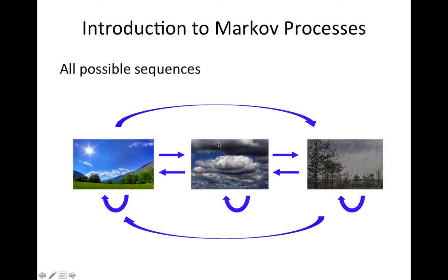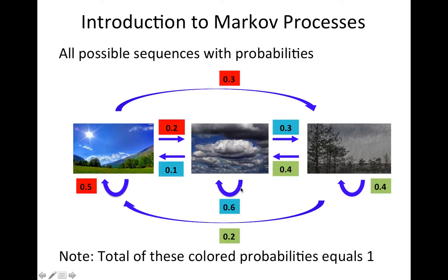All these transitions could take place. Now we can embed probabilities within the sequence. For instance, a sunny day could be followed by a cloudy day with a probability of 0.2, or a cloudy day could be followed by a rainy day with a probability of 0.3.